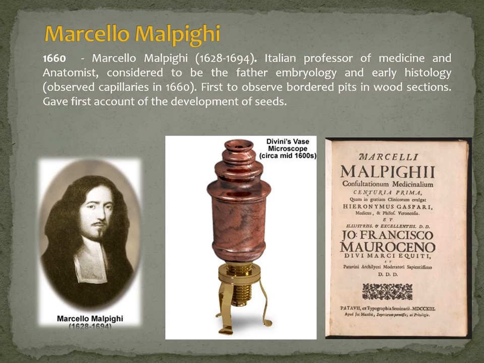The first records we have of the use of a compound microscope for scientific purposes are from Marcello Malpighi, an Italian professor who was in fact the father of embryology and histology. He described many structures of the human body and the animals, and he also observed wood.